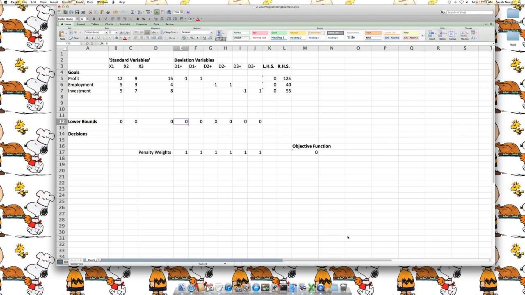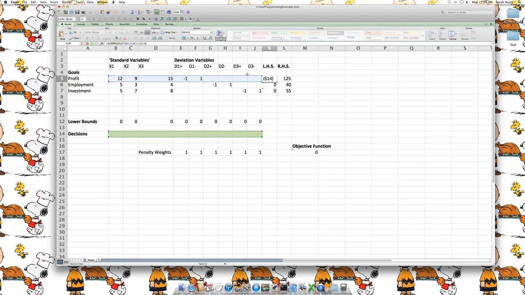And then just to reiterate that we're solving for this set of decisions, I'm going to color it differently. It's just a nice visual for me at least, that the solution is going to go here. And I'm solving for these sets of variables, which correspond to the x1 through 3, d1 plus through d3 minus. Here then, as with the linear program, I'm just going to check to make sure the formulas make sense.